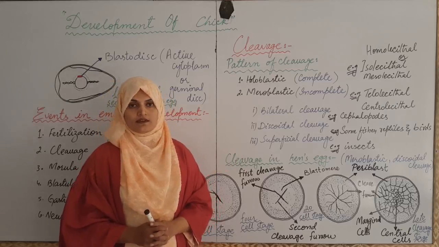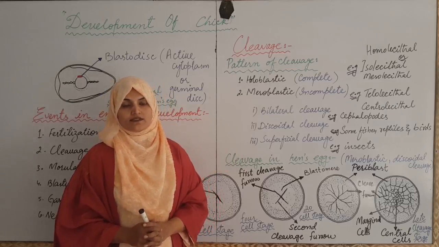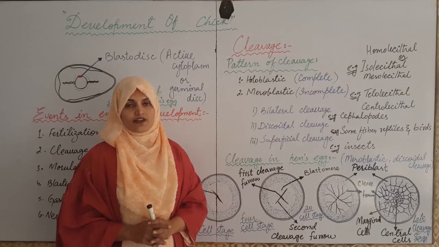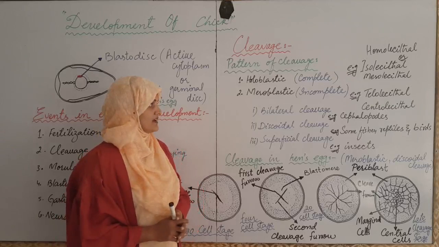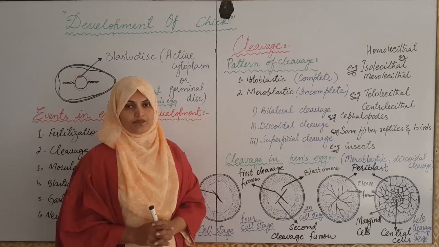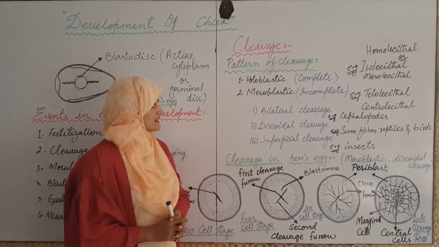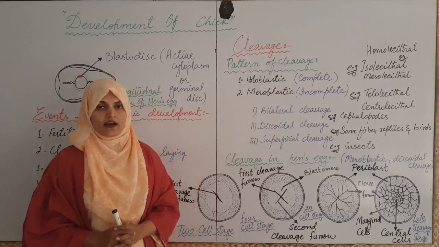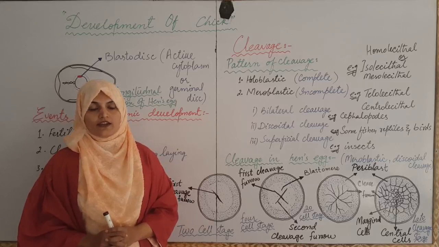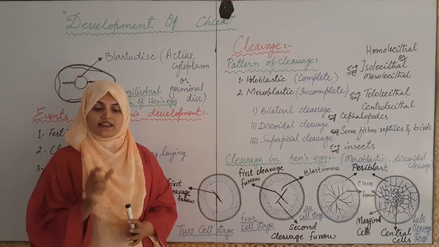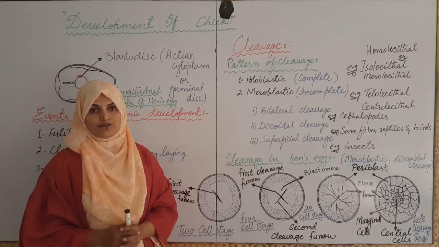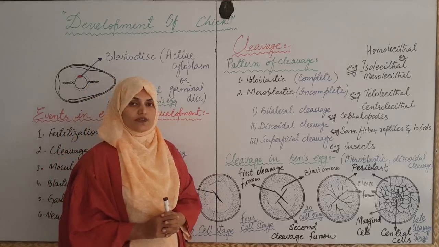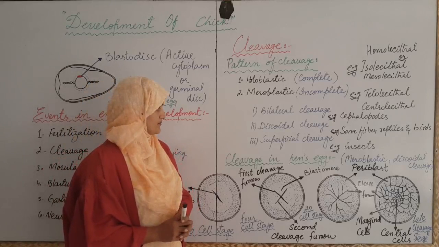Bilateral cleavage is the cleavage in which cleavage takes place bilaterally, and the example is cephalopods egg. While discoidal cleavage takes place in fishes, birds and reptiles, in which cleavage takes place in the disc of the egg, that is blastodisc or germinal disc.